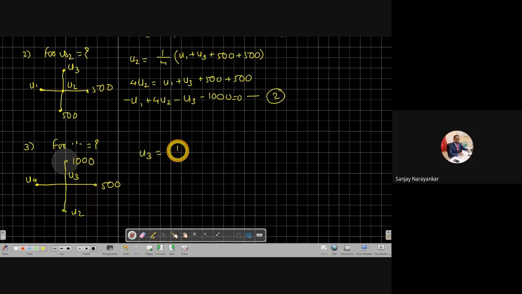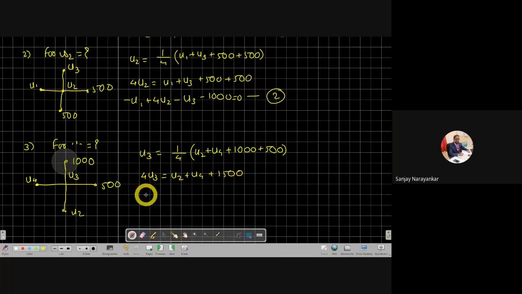So let's write for u3. u3 is equal to 1 by 4 times u2 plus u4 plus 1000 plus 500. So 4u3 is equal to u2 plus u4 plus 1500.